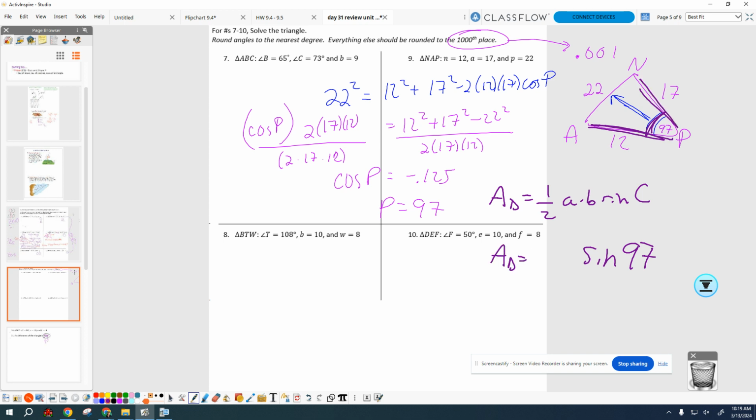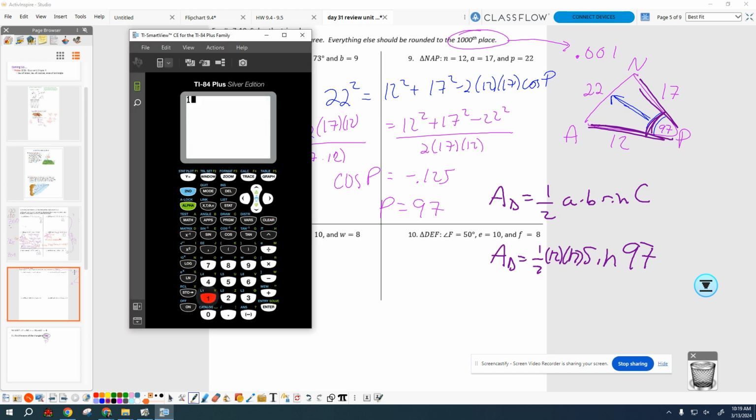Area of the triangle equals half... What'd you have? 12 times 17. I did 17 times 22. It's fine, it'll be the same as long as you use N. Let me just see, if you use 33, so the area is 101 point... I got 101 too, but I got different decimals. 101.847, yeah, that's what I got.